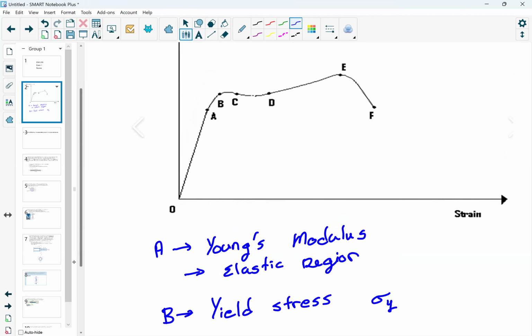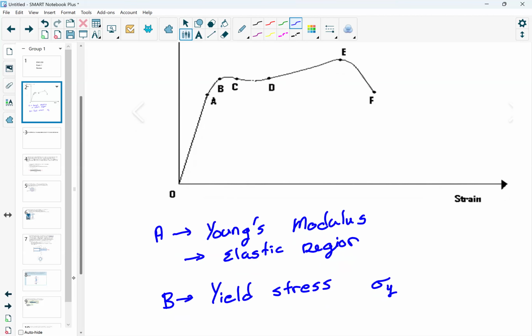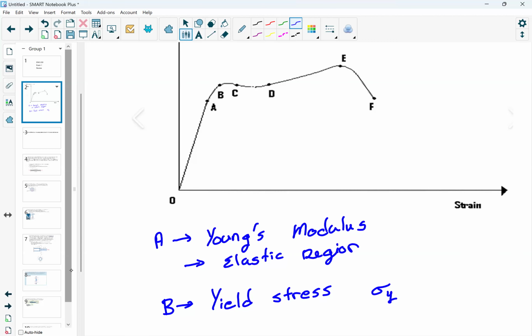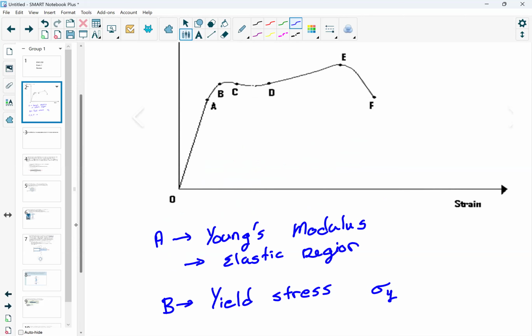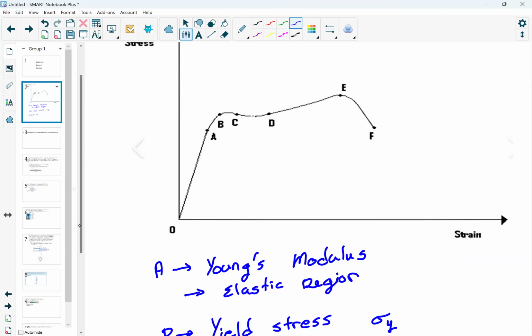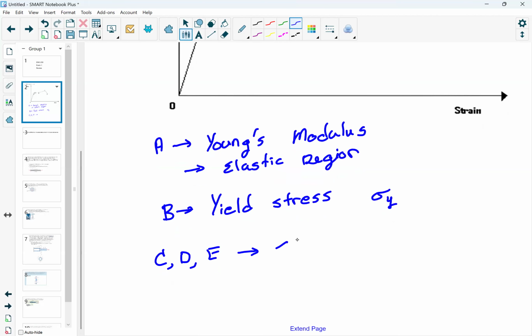What is then going on from, well, what starts at C and basically ends at E? So our C, D, and E, what's going on in that area? Is that the plastic deformation? Well, that's the strain hardening.